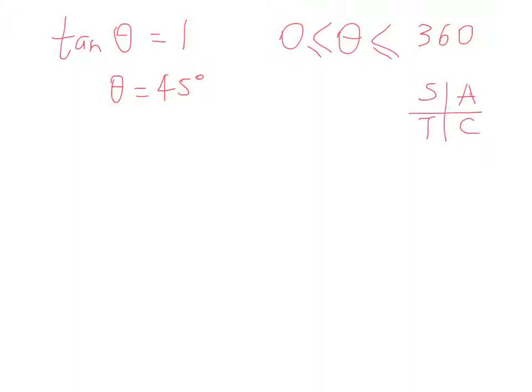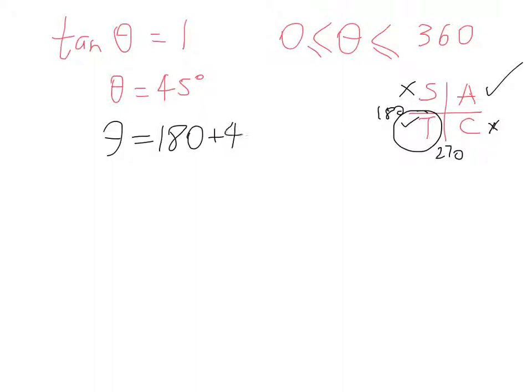ASTC. Okay, well we've got my solution up here. Now I've got a solution down here, but not in 2 and 4. So I'm going to have a solution somewhere down in here, so it's going to be between 180 and 270. Alright, so of course my acute angle is 45 degrees, so I just go theta equals 180 plus 45, which is 225 degrees.